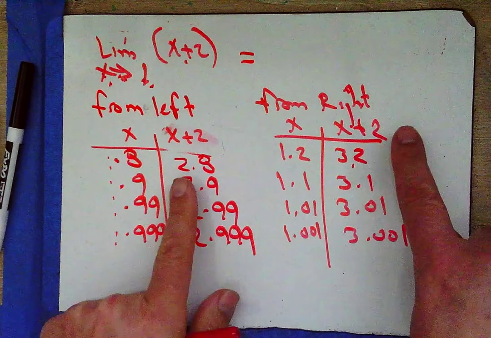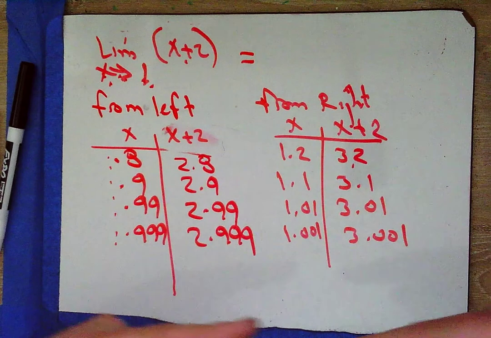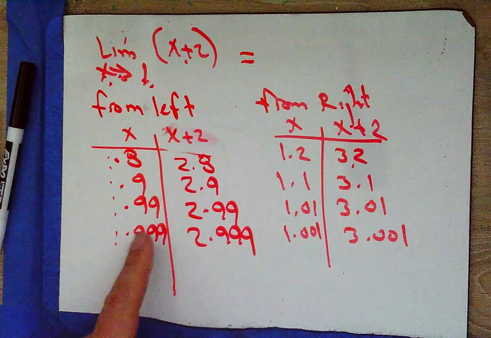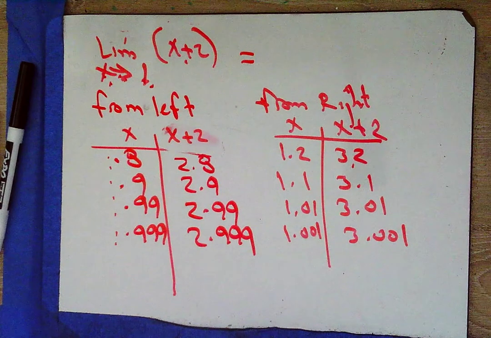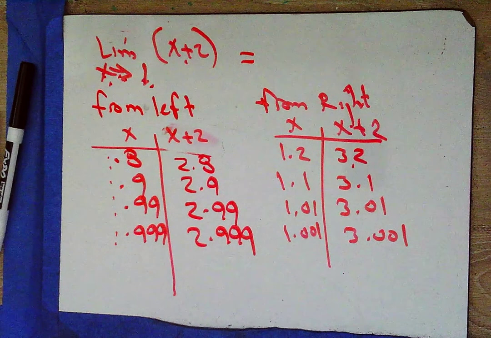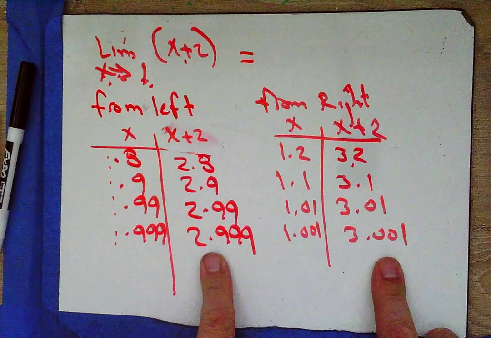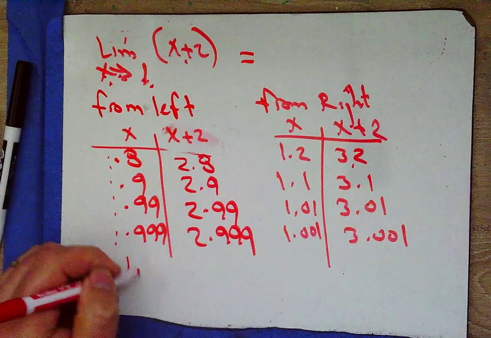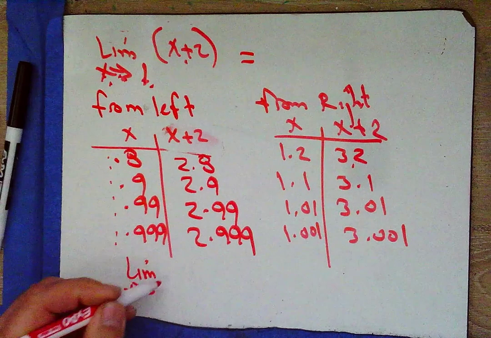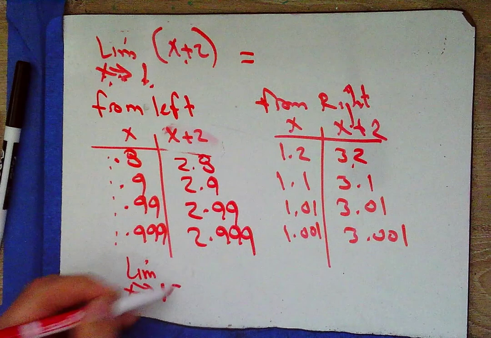What number are the y values approaching from both sides as x approaches 1 from either side? Notice how our y values are approaching some number, and to me they look like they're approaching 3. So I could say over here the limit as x approaches 1 from the negative direction, right?